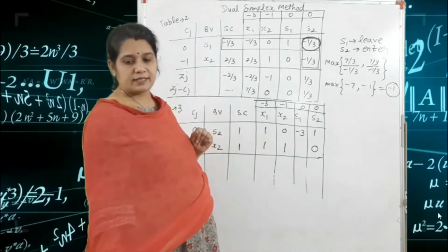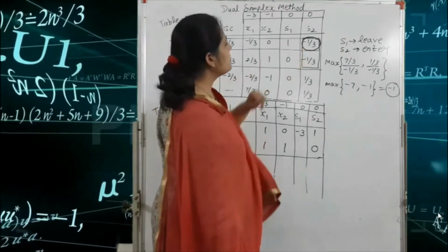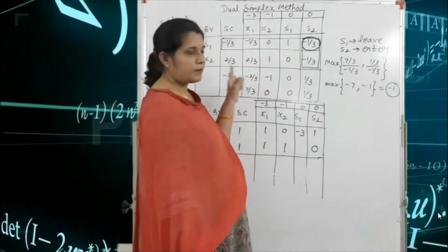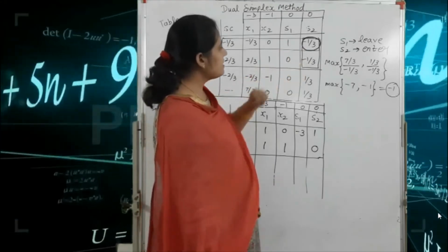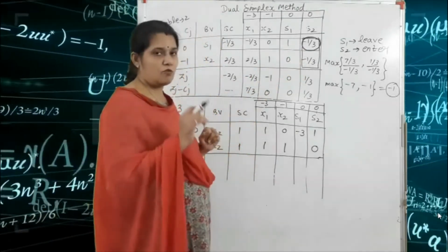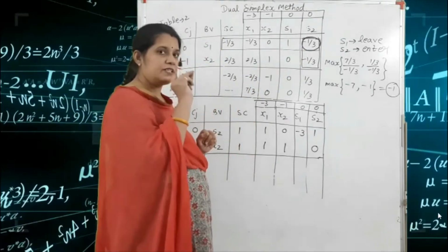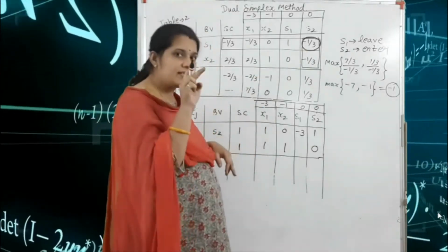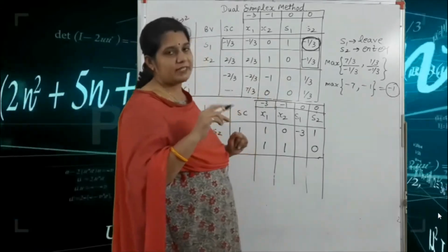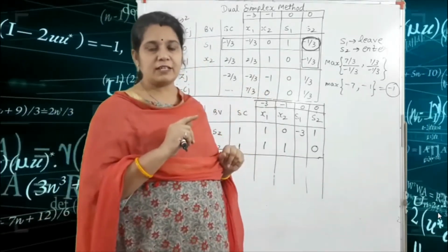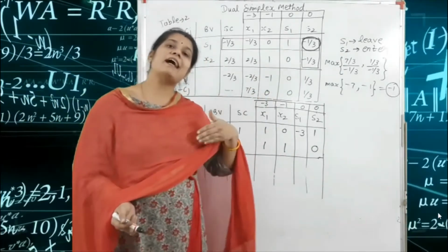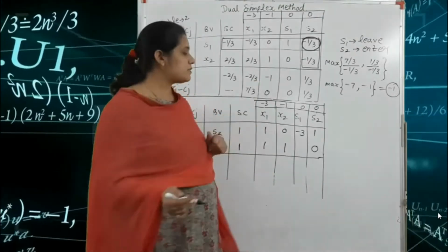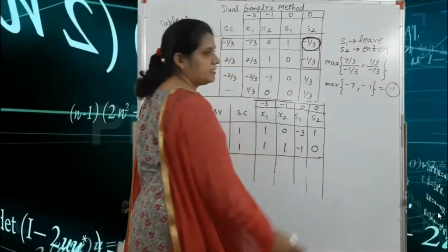Next one is 0 into minus 1 by 3, that means 0, minus 1 into minus 1 by 3. So minus 1 by 3, and again we write the minus sign because of 0 into minus 1 by 3 minus 1 into minus 1 by 3. So this is the plus 1 by 3 value, and plus 1 by 3 divided by the key number minus 1 by 3, that means we write here the minus 1.